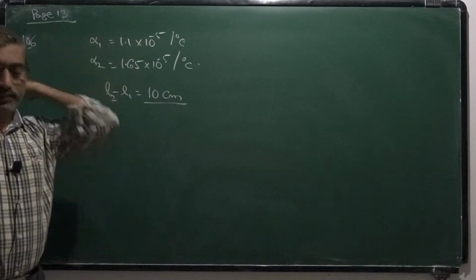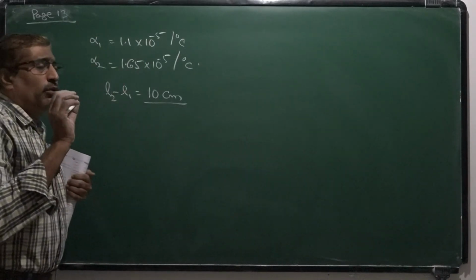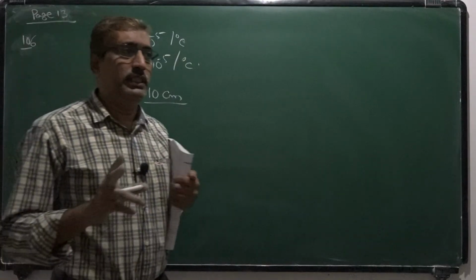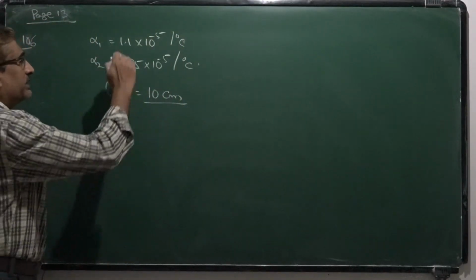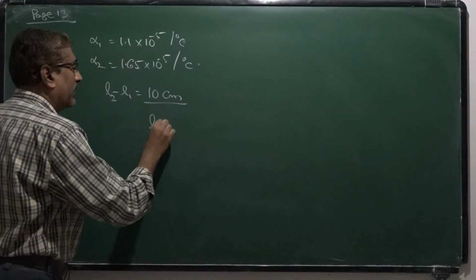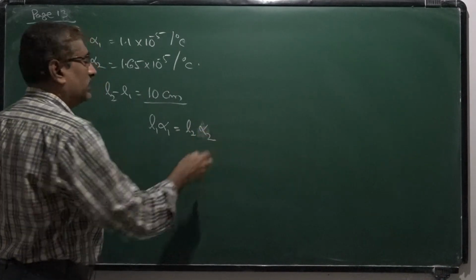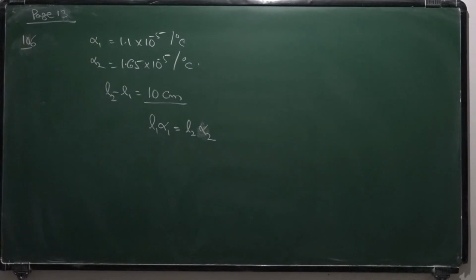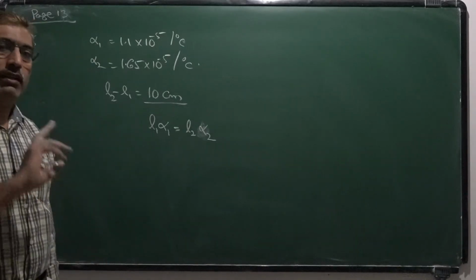So, we know that to have the same difference in length at all the temperatures, their initial lengths and their coefficients of linear expansion are related as L1 alpha 1 equal to L2 alpha 2. So, this is the condition for two different rods to have the same difference in length at all temperatures.